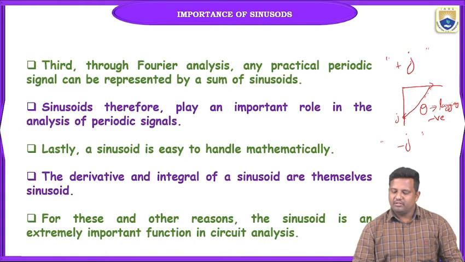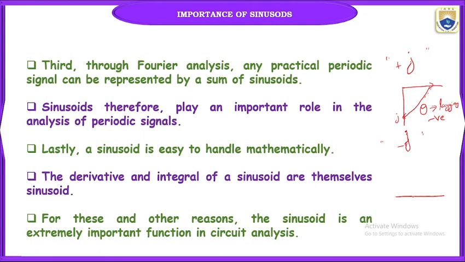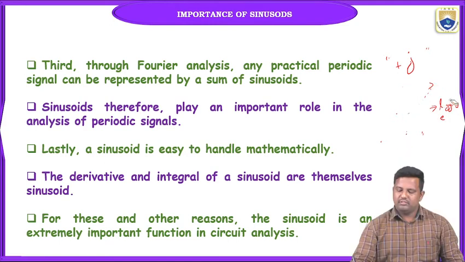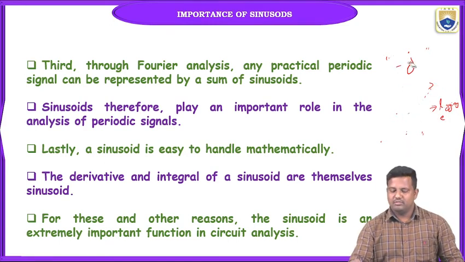The minus J operator is also having unity magnitude, but it revolves in the counterclockwise direction till 90 degrees. So here is a minus J operator. These things we will study in the next classes. No problem.